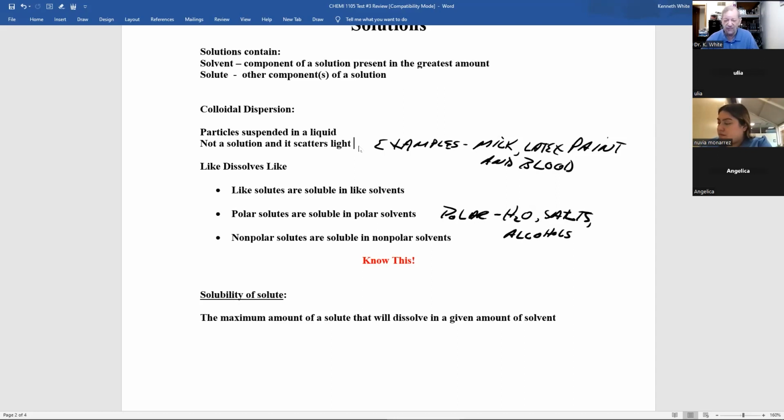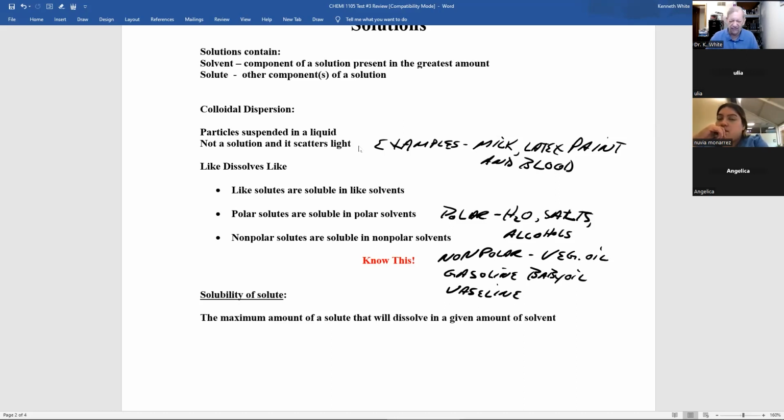All right, what are nonpolar? That would be vegetable oil, gasoline, baby oil, Vaseline, and those are examples of nonpolar.